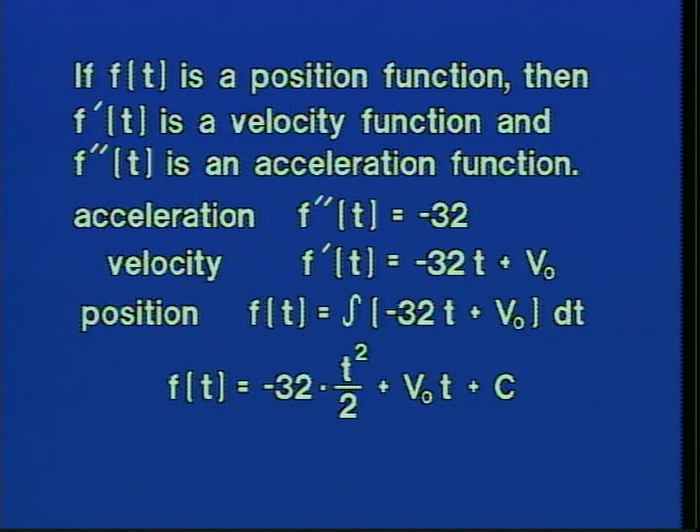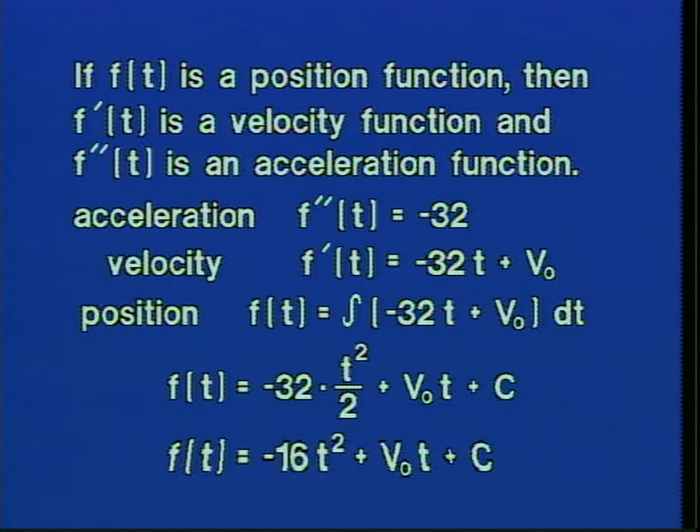And then attach the t to the v0, and then add a constant, and we're done. Now the negative 32 and the 2 can cancel, so we get the negative 16t squared plus v0 t plus C. Now we'd like to do something about the C.